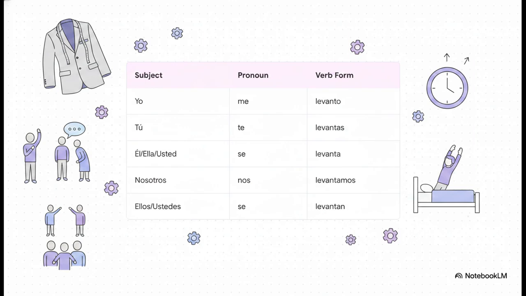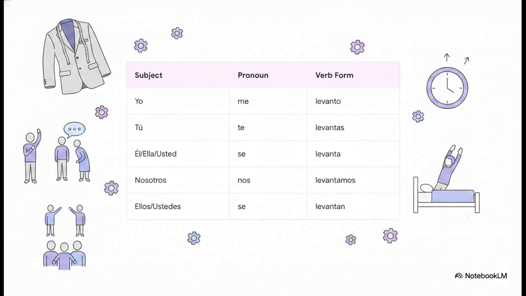Now, to actually use this in real life for everyone, we need to map out the pronouns. Let's walk through this table together. You can think of a reflexive pronoun like a perfectly tailored suit. It has to seamlessly match the subject wearing it. So if the subject is yo, I, the pronoun is me. Yo me levanto temprano. For tú, the informal you, it pairs up with te. Tú te levantas.